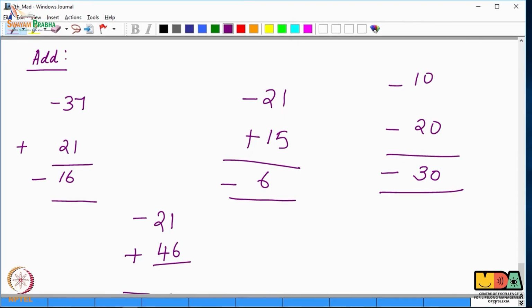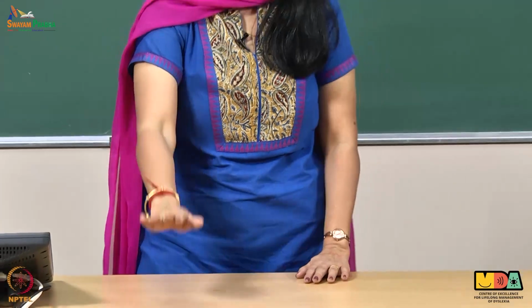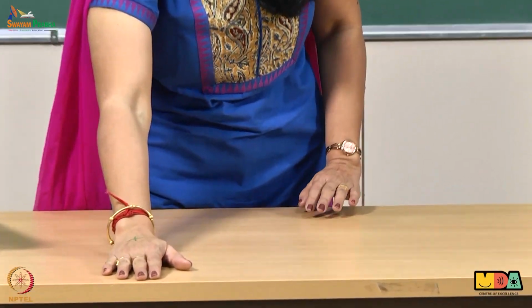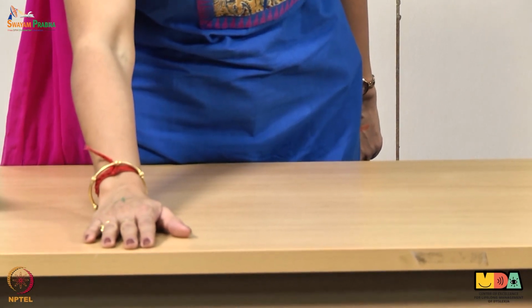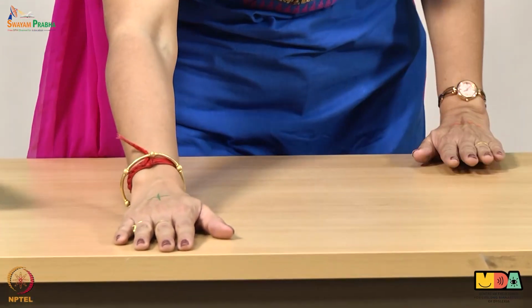Now, let us take numbers minus 21 and plus 46 to see how to make children do the sum. Now, between 21 and 46, which is bigger? 46 is bigger, and what is the sign affixed to 46? Plus. That means they use their plus hand and they keep it on top. And what is the next number? 21, and what is the sign affixed to it? Minus, and hence they keep it here.